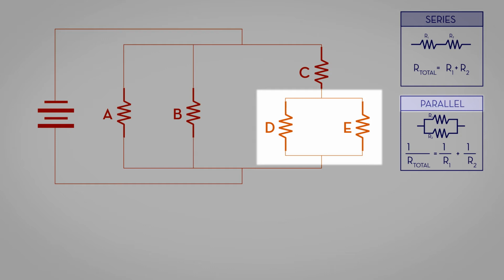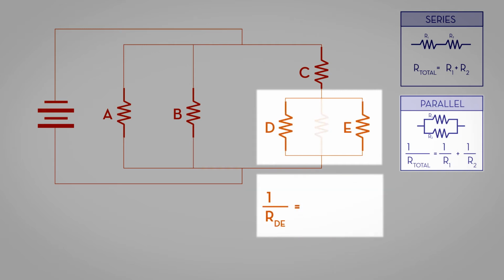And so I know that if I was to replace D and E by some single resistor, I'm going to call that RDE, then the equivalent resistance of RDE would come from the parallel law, which looks like this. 1 over RDE equals 1 over RD plus 1 over RE.